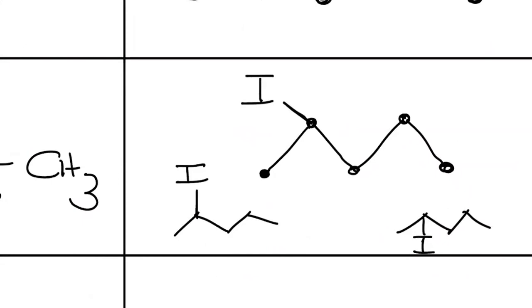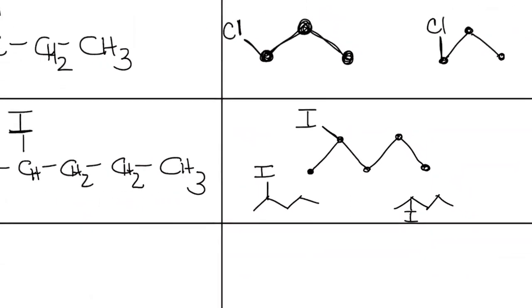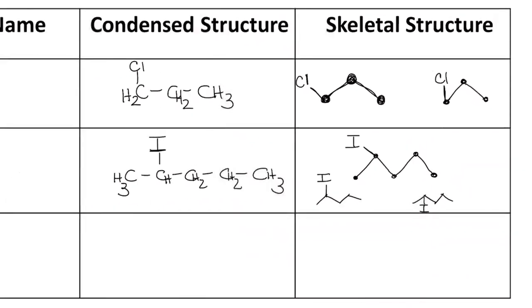Okay? So just be aware of that. But in general, as long as you know how to draw them, the only thing that I do not give credit to is that if in the skeletal structure, you show the carbons and you show the hydrogens attached to the carbons, because technically in the skeletal structure, we don't need any of that, okay?